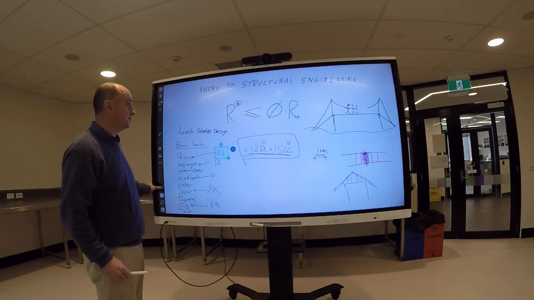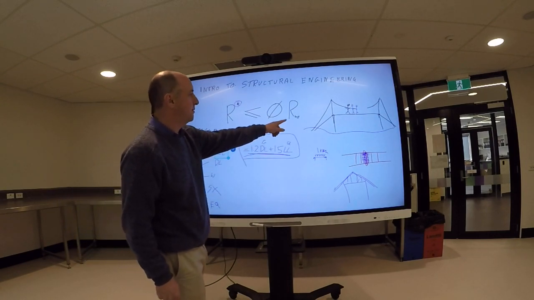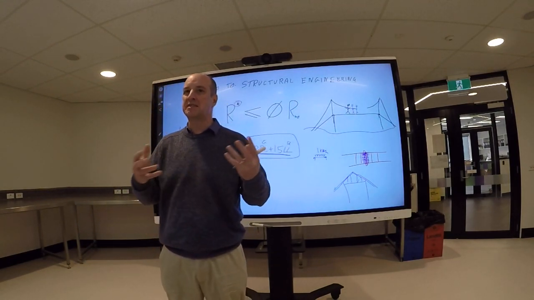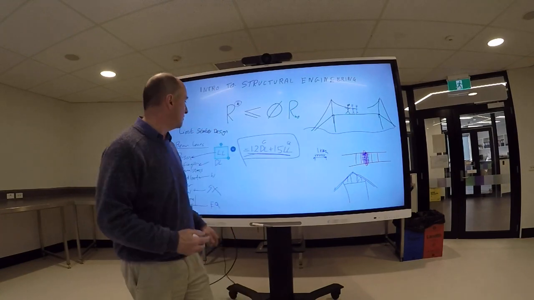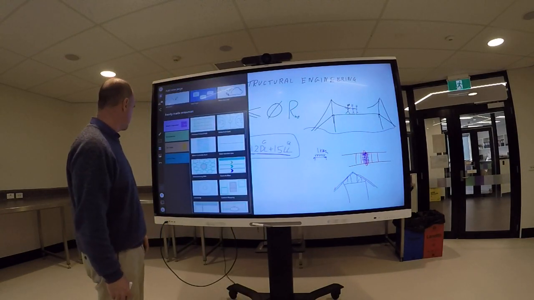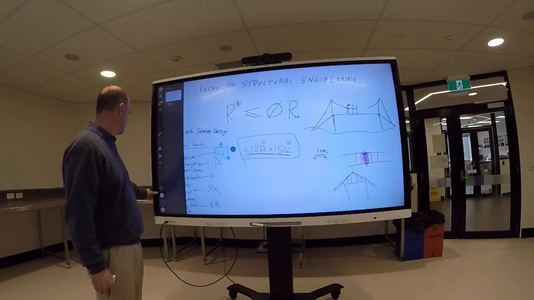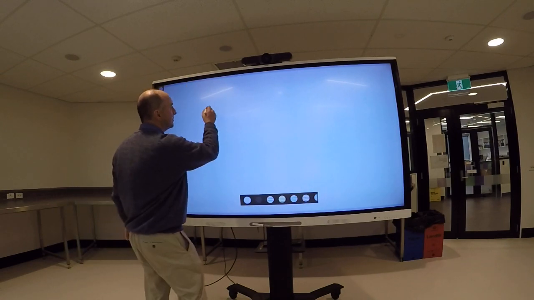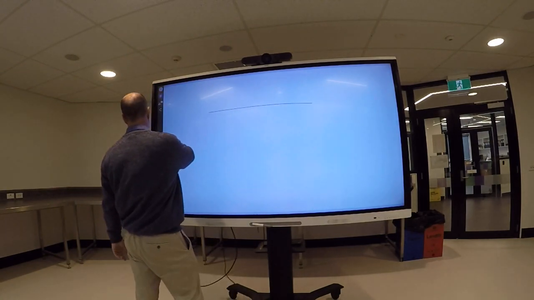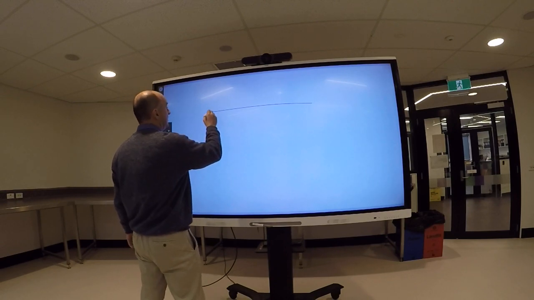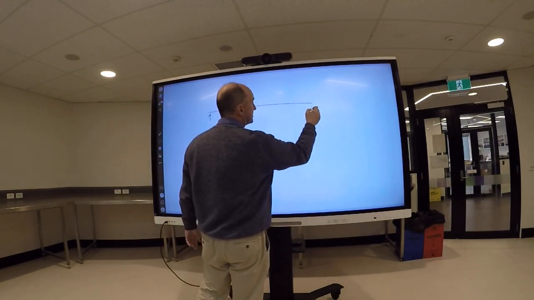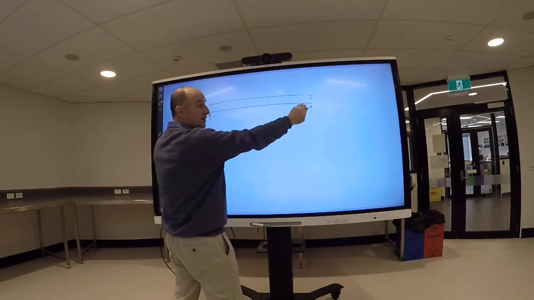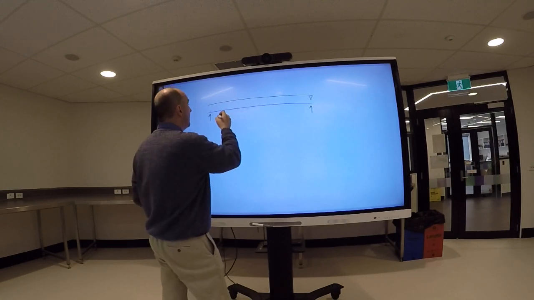Now, let's go to our capacity. And the capacity is really specific on what the thing is. If we had a beam like that, there's our dead load, and I draw a line like this to indicate distributed load.